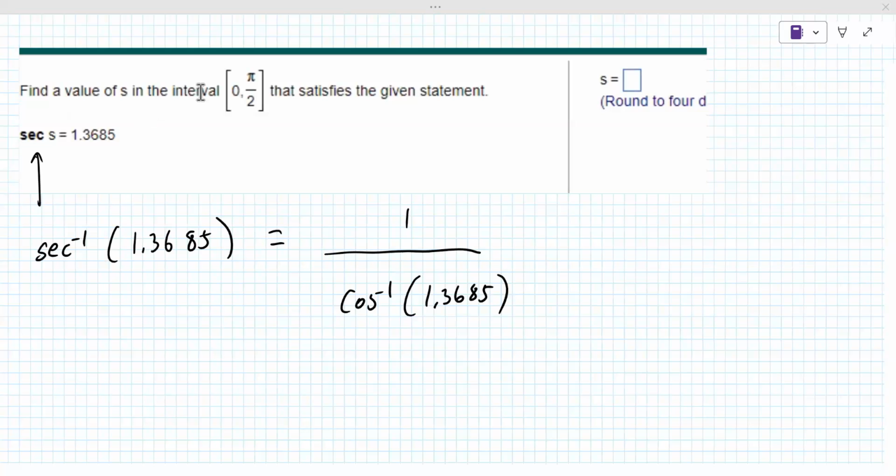Yeah, so there's the value. Why doesn't the calculator like that? Okay, let me go to another thing. Oh, wait, hold on. My birds are being loud. One second.